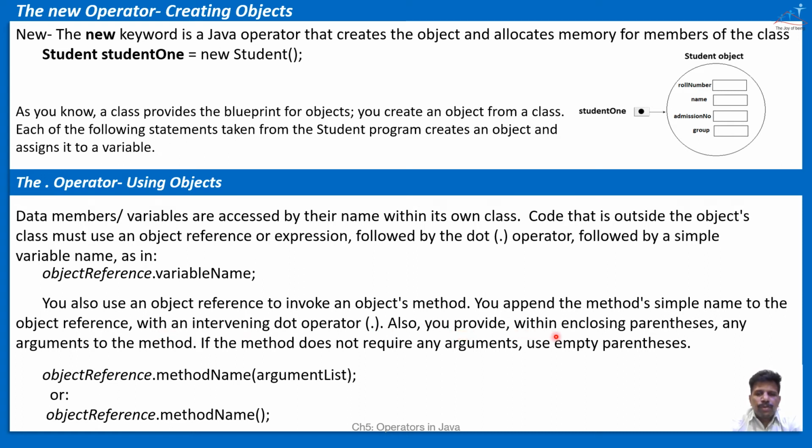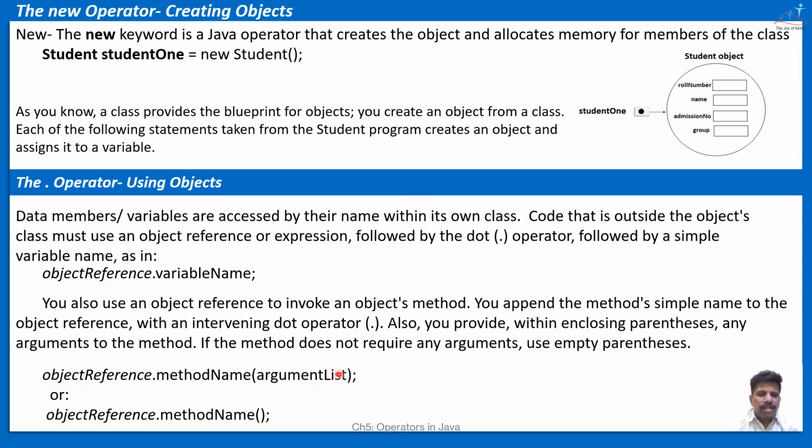You provide within enclosing parentheses any arguments to the method. If any arguments are there for the method, you will mention them, otherwise we will leave it empty. So if the method does not require any arguments, use empty parentheses.